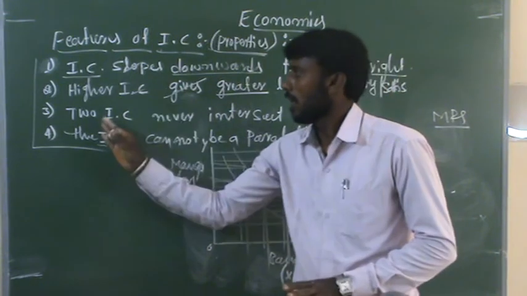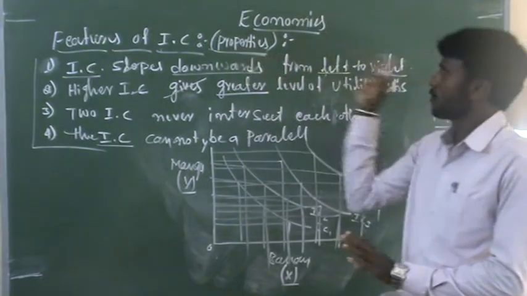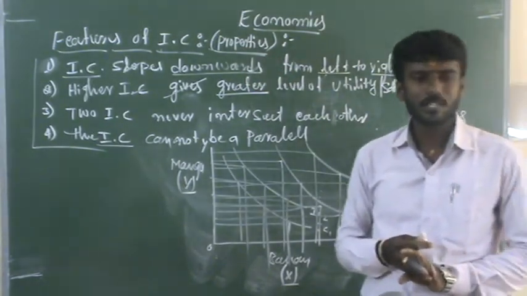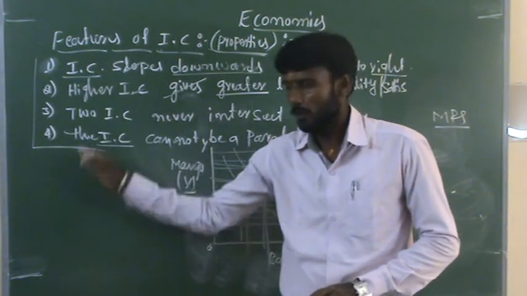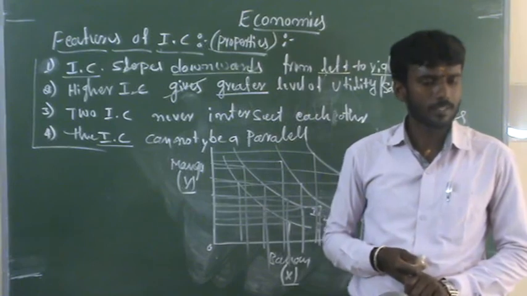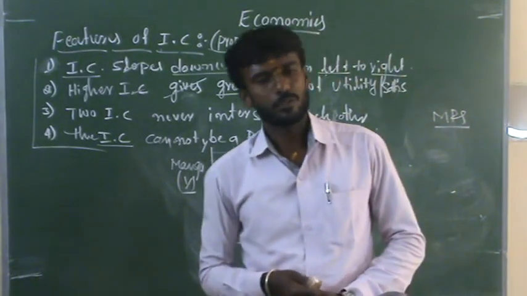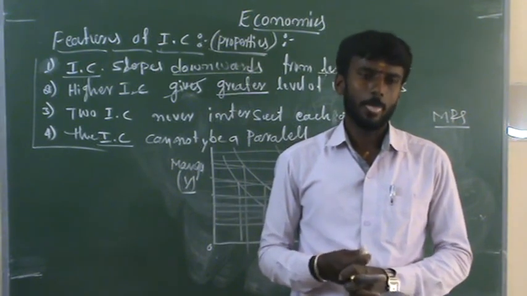Just mention 2 or 3 and you will get 2 marks. A 6 marks question means explain the features or characteristics or properties of the indifference curve, so 4 features, explanation, diagram explanation. So like that we have to explain it.